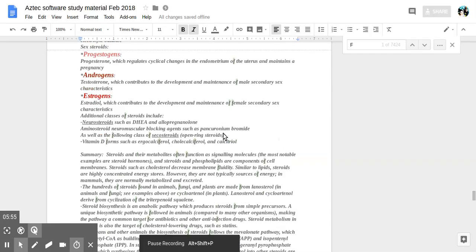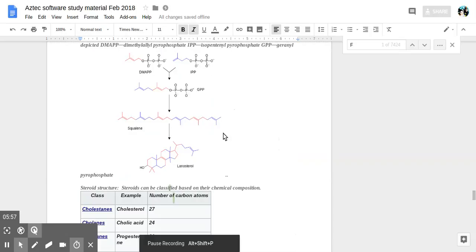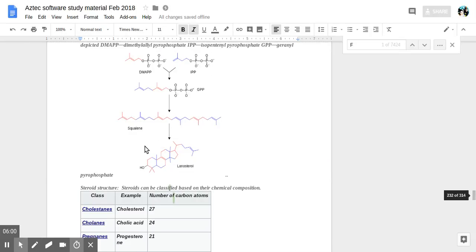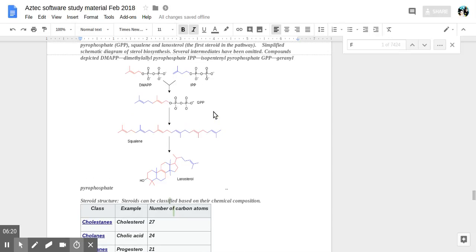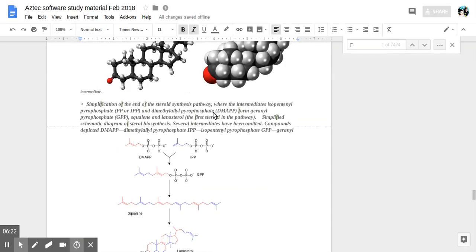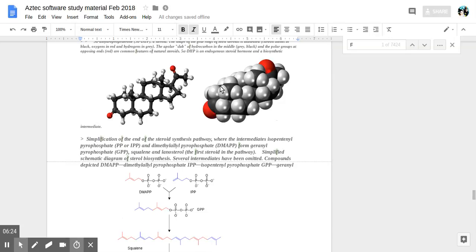And my next note, so this is the main lanosterol, which is what steroids look like. It comes from the DMAPP, which was formed via the mevalonate pathway, which we saw. So that's what the structure looks like.